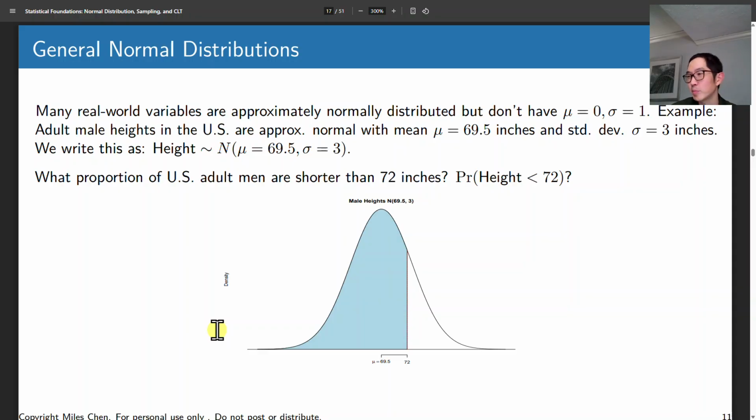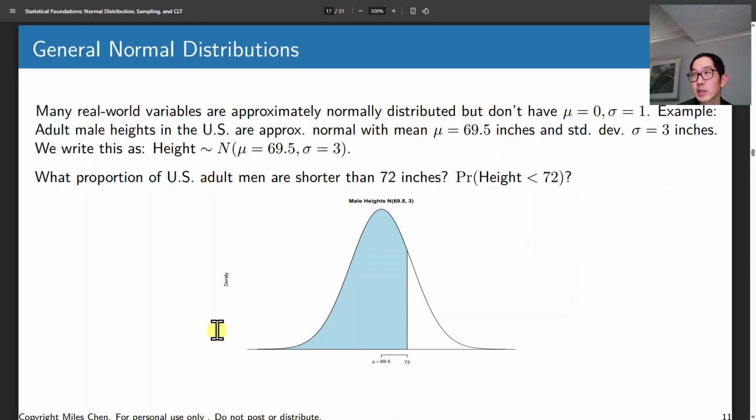They'll have a different mean and different standard deviation, but they'll still follow the overall shape of the normal distribution. For example, the distribution of heights of adult men in the United States is approximately normal, where the mean is around 69.5 inches and the standard deviation is around 3 inches. It's not exactly that, but these numbers are pretty close.